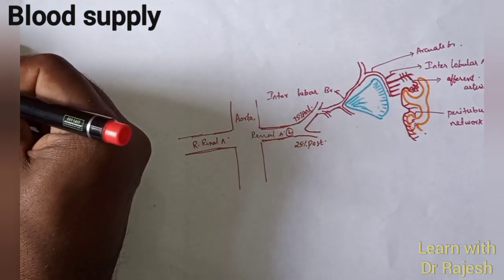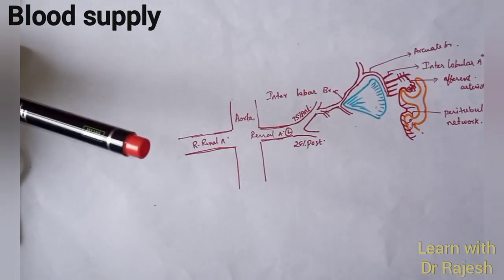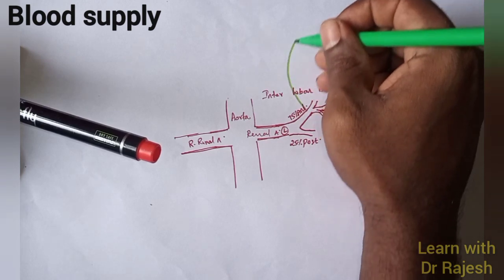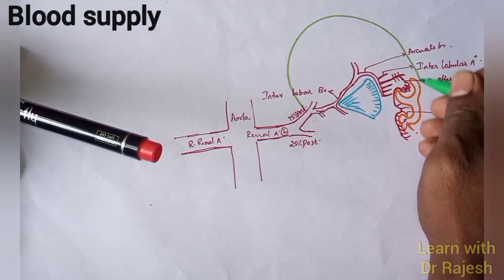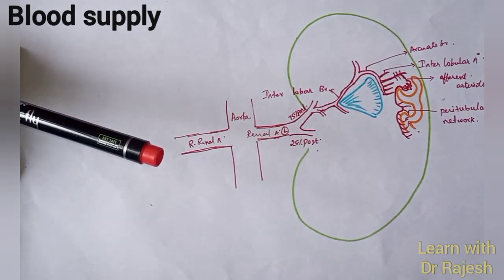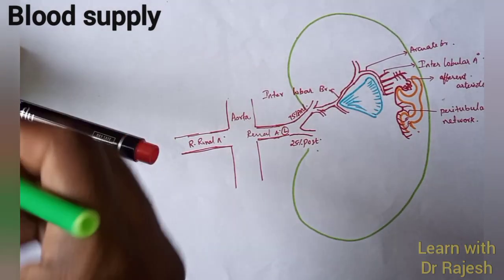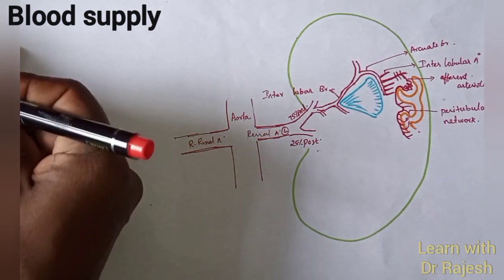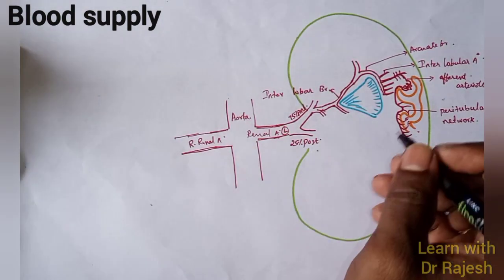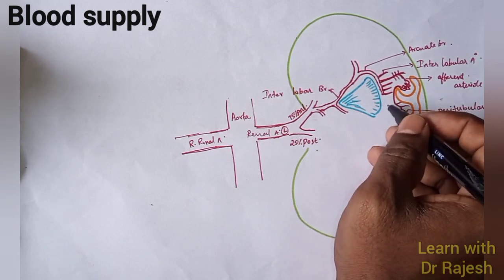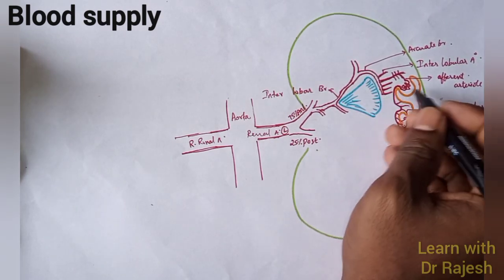Now we will complete the kidney for a better orientation. So now we are drawing the outline of the kidney. So this is how it is. And there are some branches which are called the straight arteries, otherwise called the vasa recta, which will be supplying the inner part of the cortex.